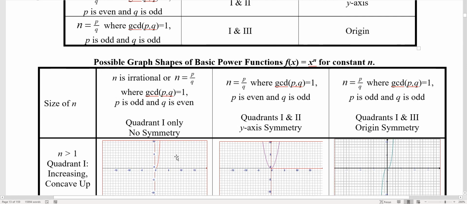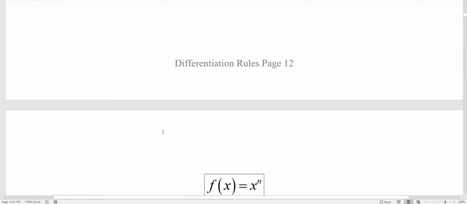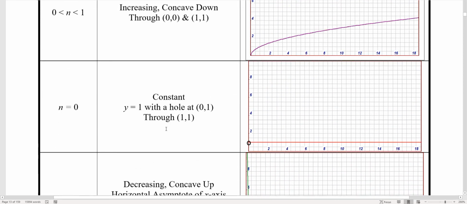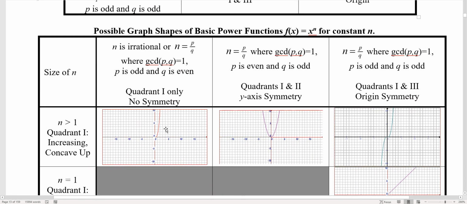So if you put these pieces together about the symmetry and these pieces together about the size, we get the following summary for basic shapes. If n is greater than 1, the graph is in quadrant 1, increasing and concave up, which you can see here, here, and here. And that's going to happen if it's quadrant 1 only, no symmetry, that would be odd over even or irrational.